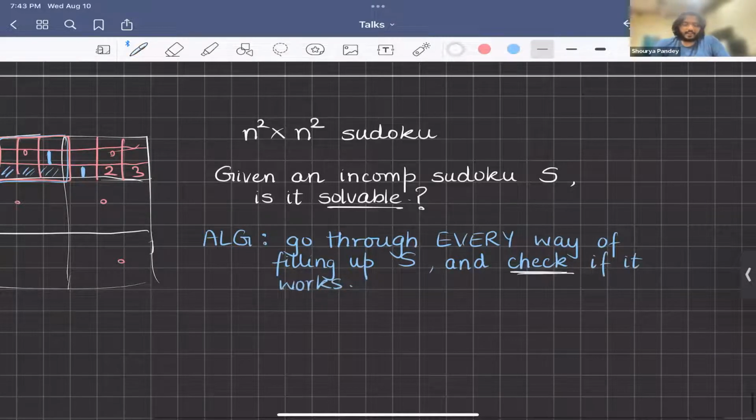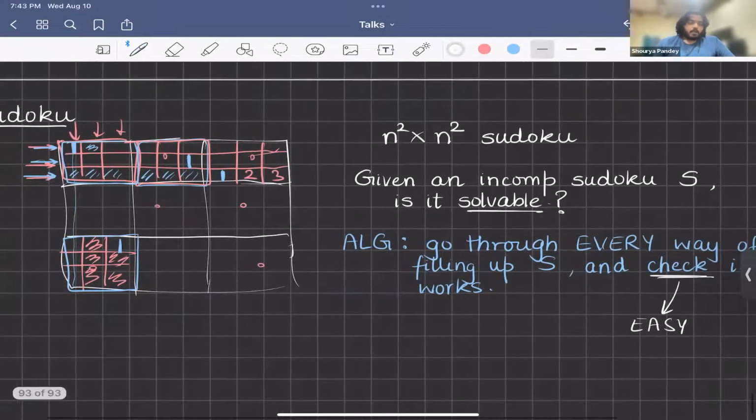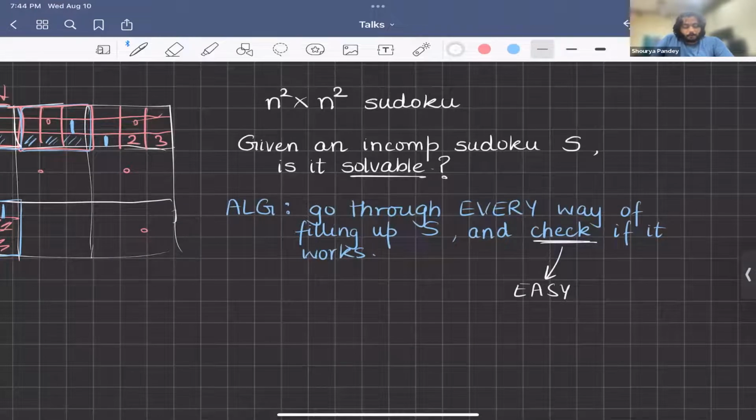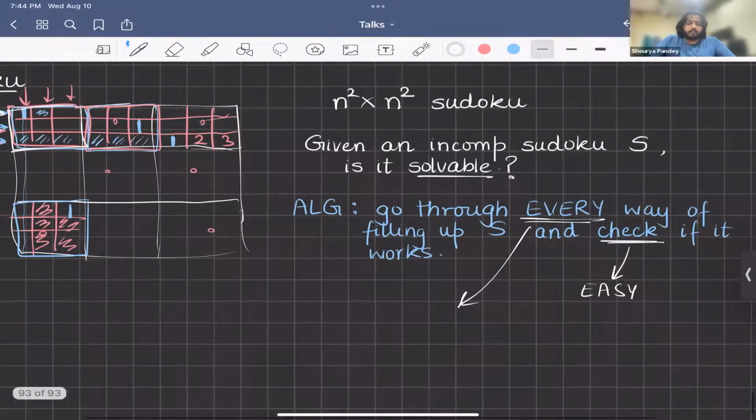Well, checking is easy, right? This part is easy. Suppose I've completed a Sudoku and I ask you, is this a correct solution? It's easy to check that. All you need to check is if each row and each column and each of these boxes has the numbers from 1 to n square appearing exactly once, and that's not hard to do. So this part is easy. The problem is this part. How many ways are there of filling up an incomplete Sudoku?